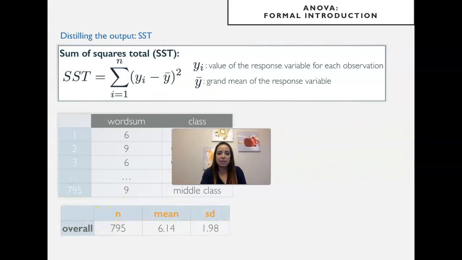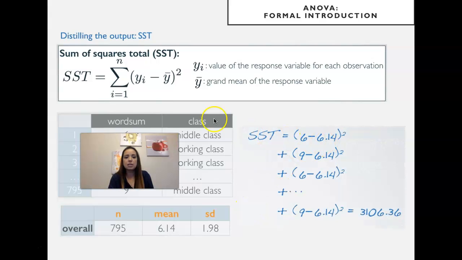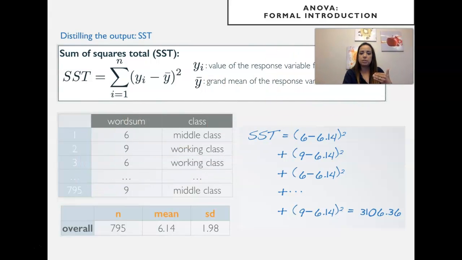So to do that, just so we make it super clear, the SST, in our case, the grand mean is 6.14. That's the mean of all means. And then the first score is 6. So I subtract 6 from 6.14 and I square it. Then the next score, 9. I subtract it from 6.14 and I square it.